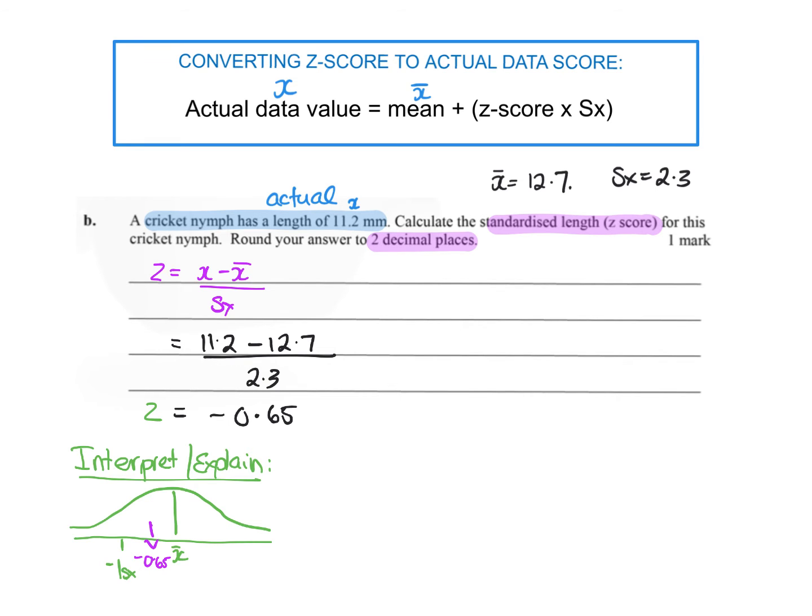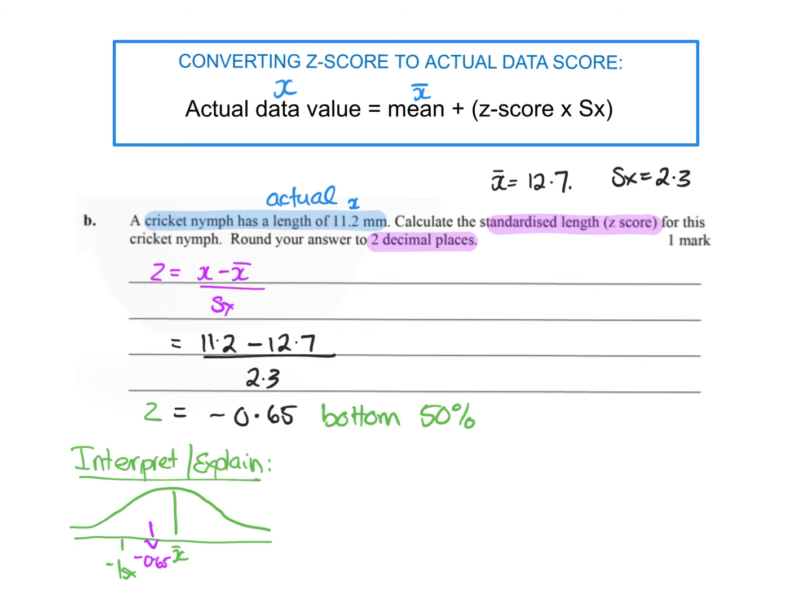So it's not quite past the 1, but it's past the mean. So what I would say for this one is it means you're in the bottom 50%. So their score was in the bottom 50%.